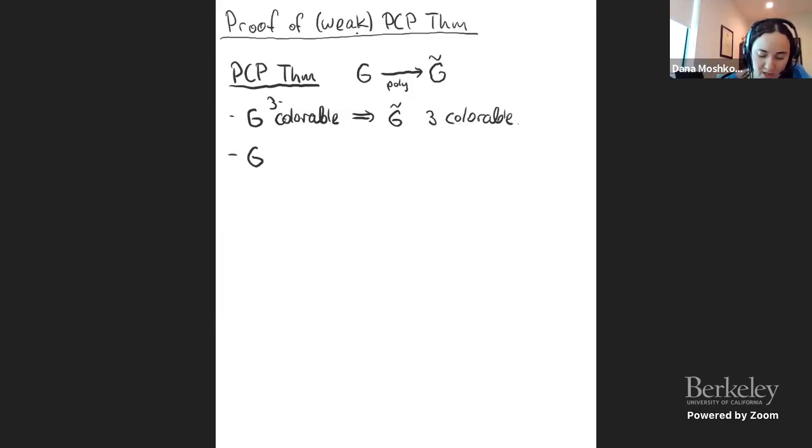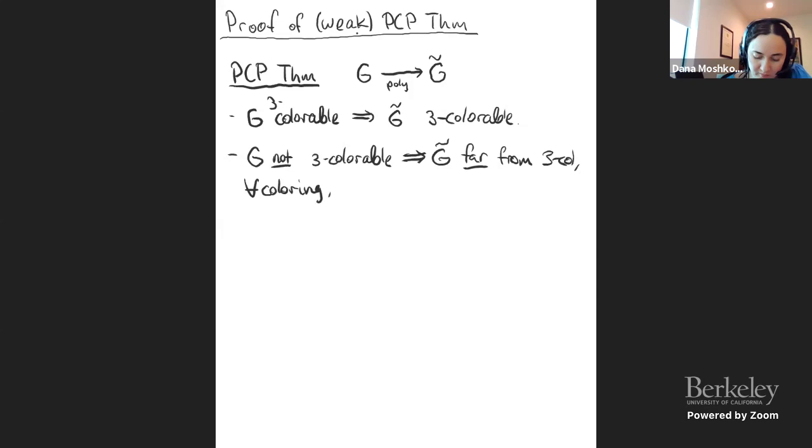And meanwhile, if G is not three-colorable, G tilde is far from three-colorable, in the sense that for every coloring of the vertices, at least 0.01 fraction of edges are monochromatic, so they witness that this is not a good coloring.